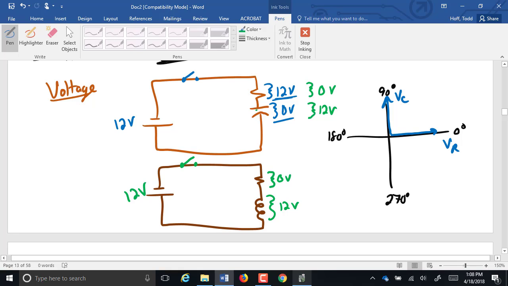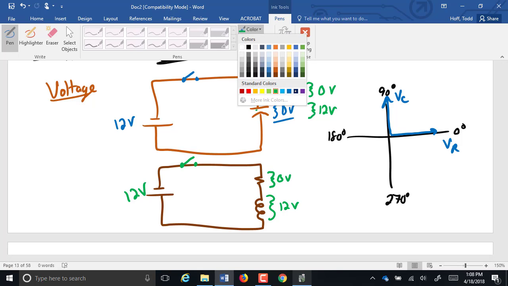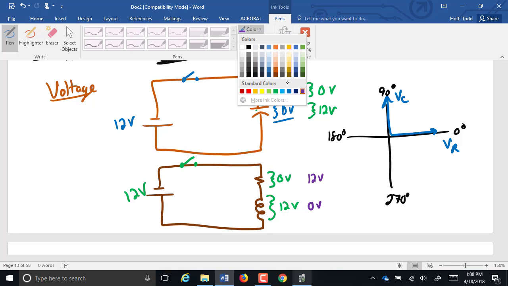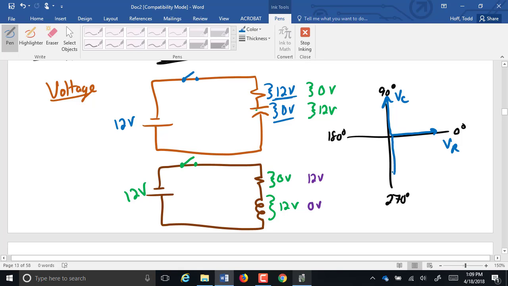As the current starts to flow, eventually getting up to the maximum current for this circuit, as the current increases, the voltage across the resistor increases and the voltage across the inductor decreases. So the voltage across the inductor leads the voltage on the resistor.